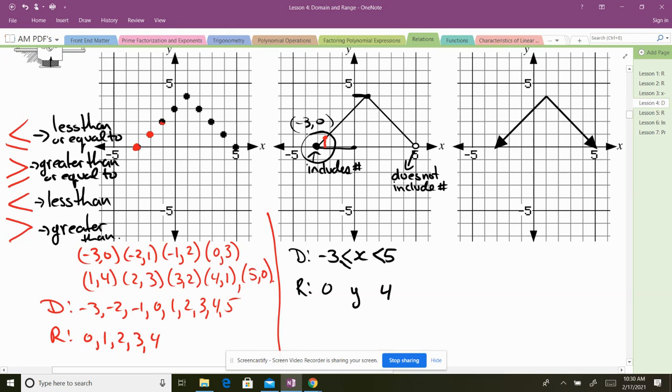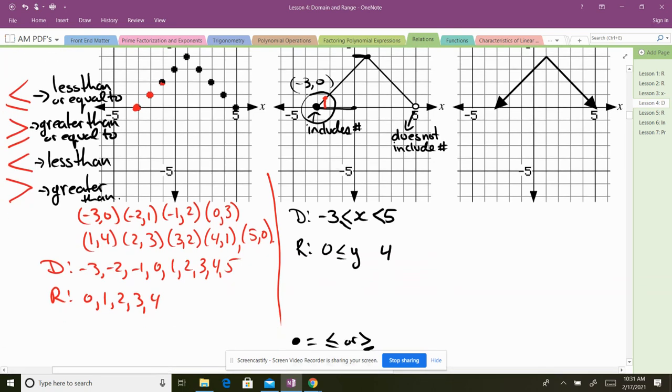Okay. Can you be 0? You have to explain why you're saying yes or no. Every other number is higher than 0, but is 0 part of it? It's a closed circle. So we include the 0. We put the little line underneath. Okay, just hang on.